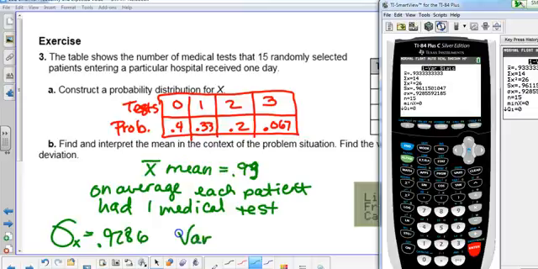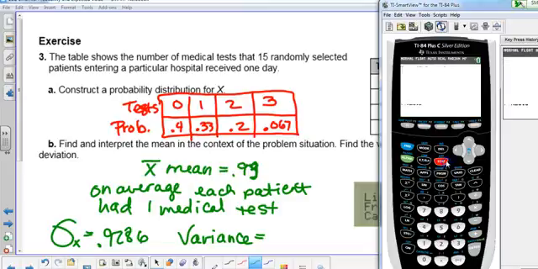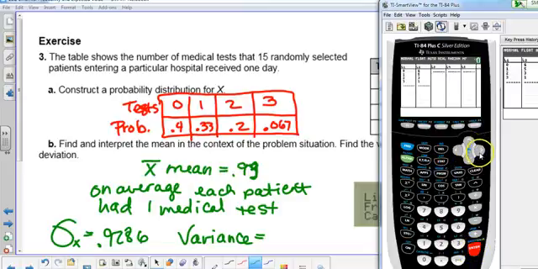The variance, if I did list 1 times list 2 and had that entered into list 3, it didn't work.